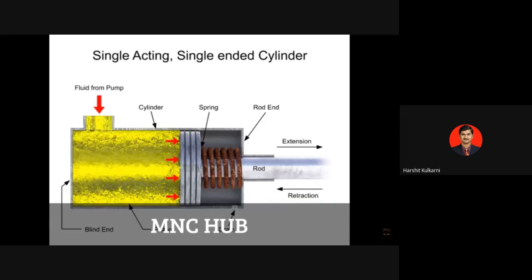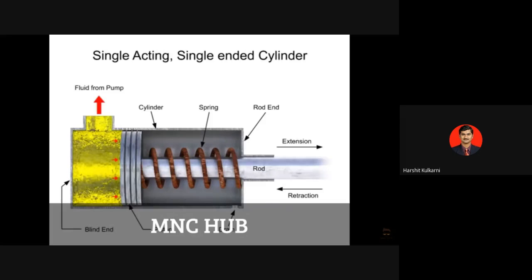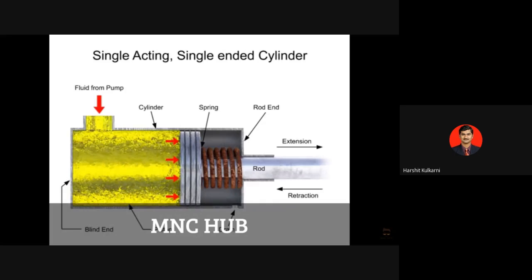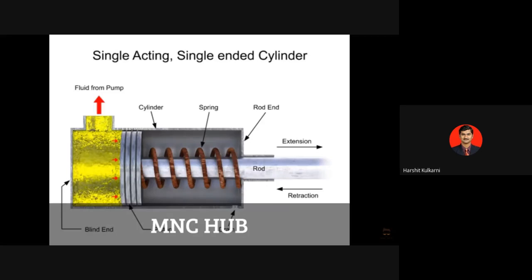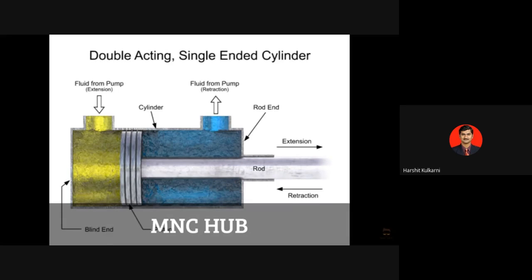Single-acting cylinders are most often found in reciprocating engines, pumps, and hydraulic rams. A double-acting cylinder is a cylinder in which fluid acts on both sides of the piston. This type of cylinder can produce linear motion in two directions. A double-acting cylinder has two fluid ports, one on the blind end and one on the rod end.